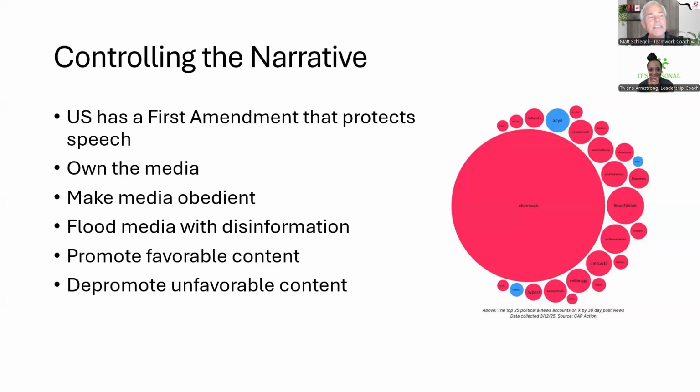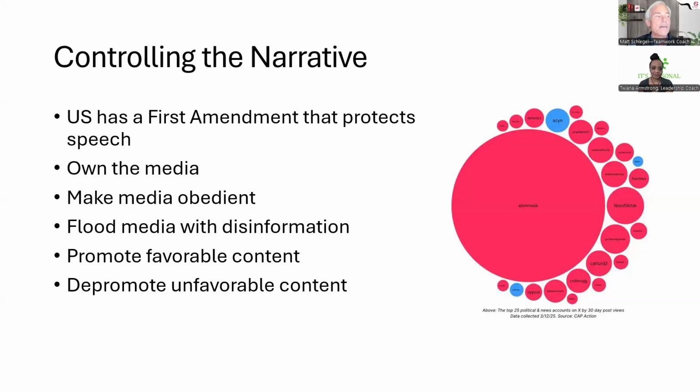The little diagram here on the right, I know it's hard to read, shows the top 25 politics and news outlets on the X platform. The biggest one is Elon Musk himself. So he dominates that platform. His views dominate that platform.